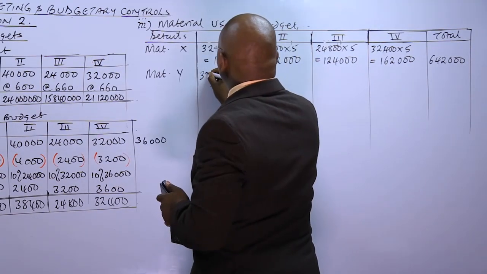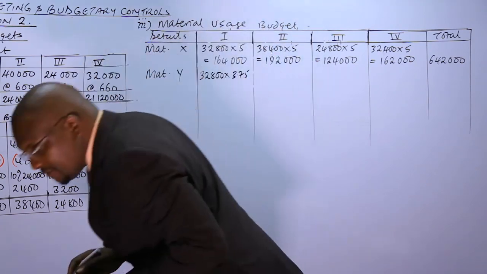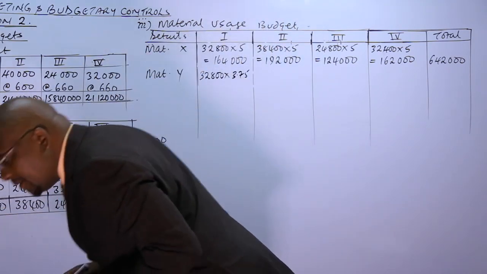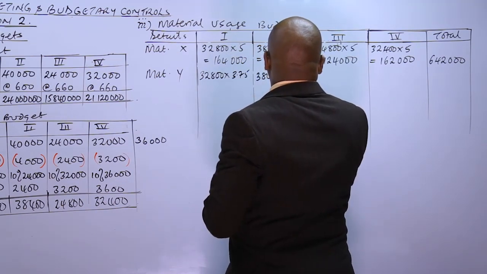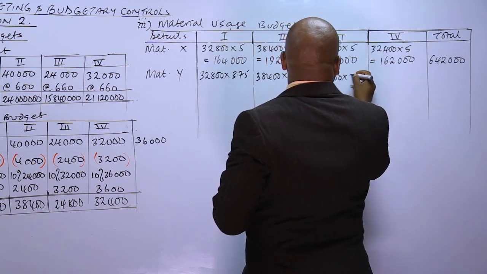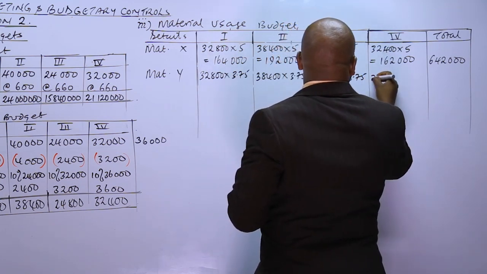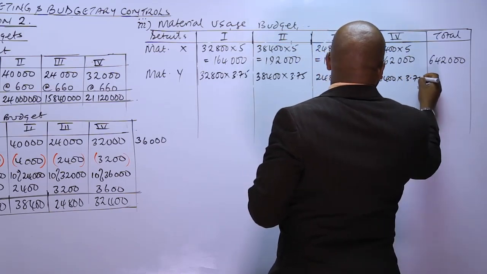Then you come to material Y. So this shall be 32,800 times 3.75, then 38,400 times 3.75, 24,800 times 3.75, and 32,400 times 3.75.